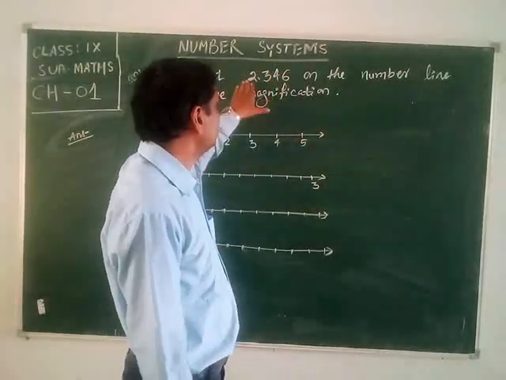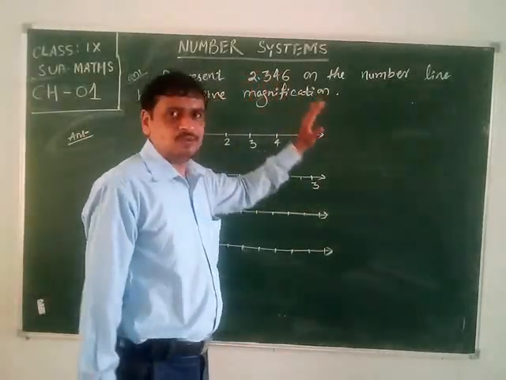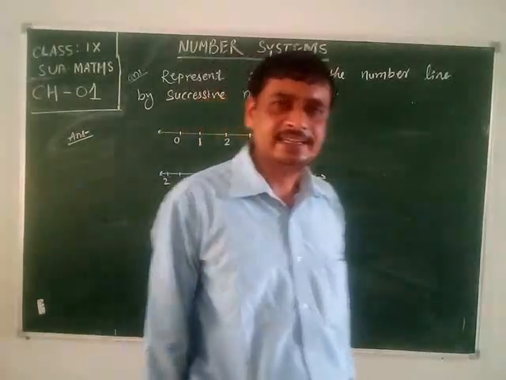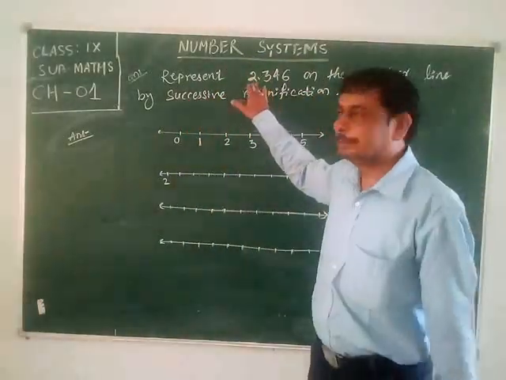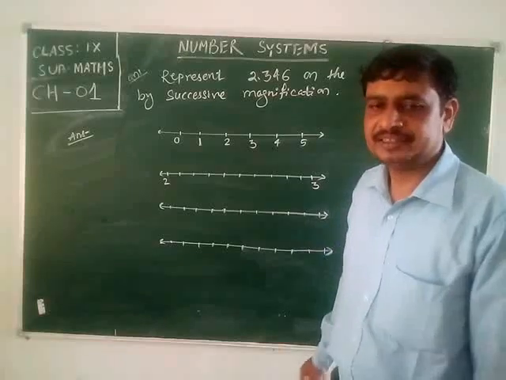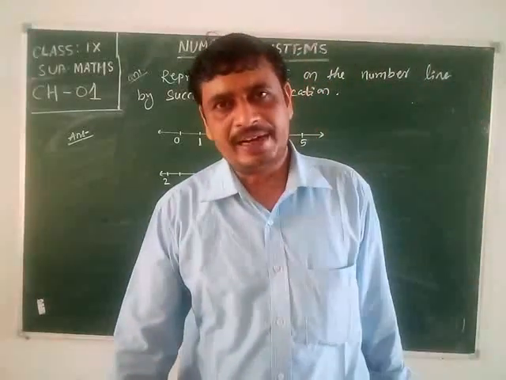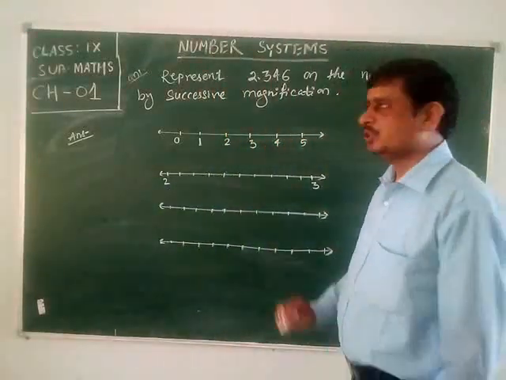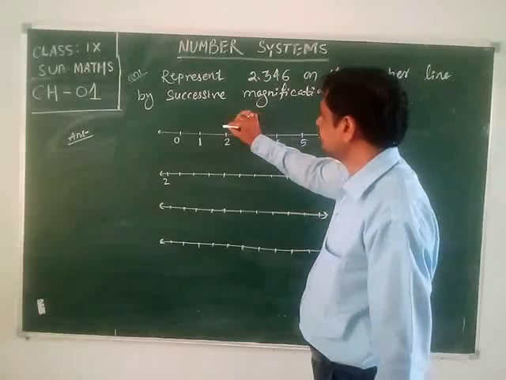It is 2.346, that is greater than 2, but it is less than 3. So we have to magnify 2.3 first.